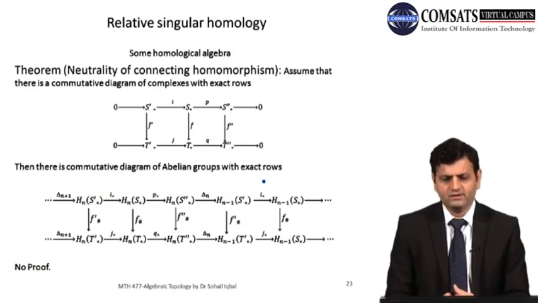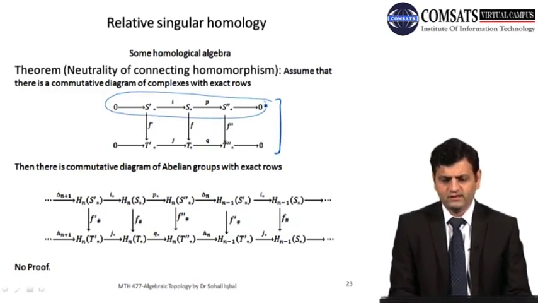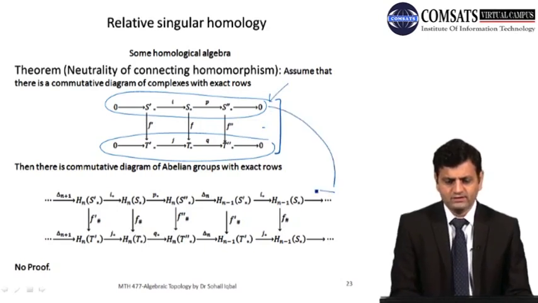Now we have another result from homological algebra. This result says that if you have this diagram, the first row of this diagram is a short exact sequence, the second row is another short exact sequence, and we have the following maps f prime, f and f double prime between them, such that the diagram is commutative. Now if we have this short exact sequence, then we have this long exact sequence.